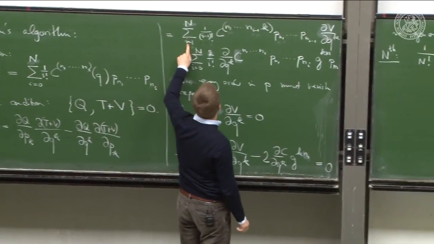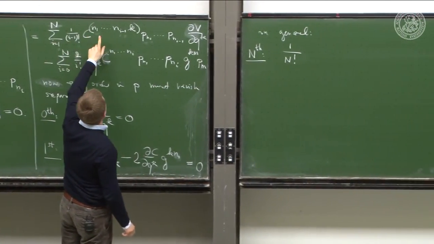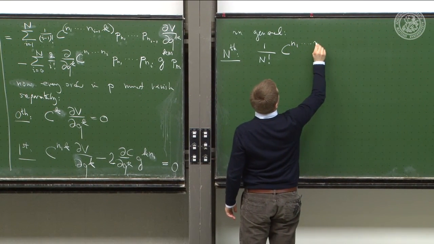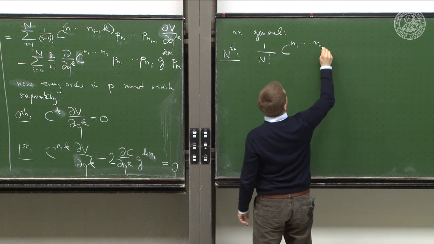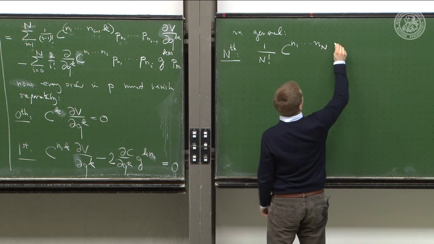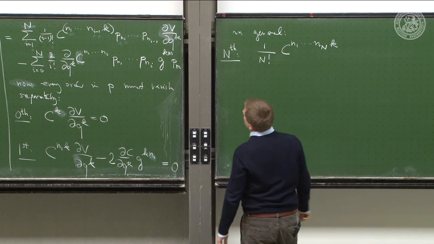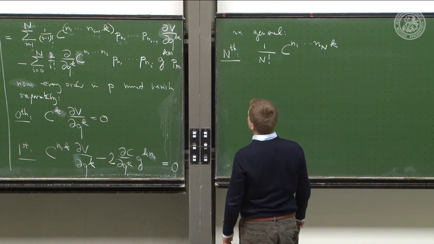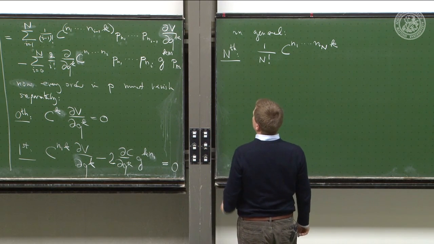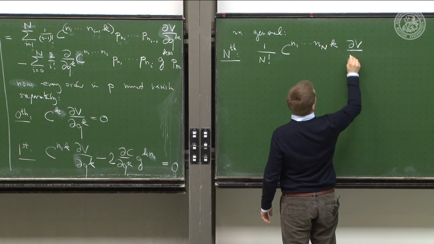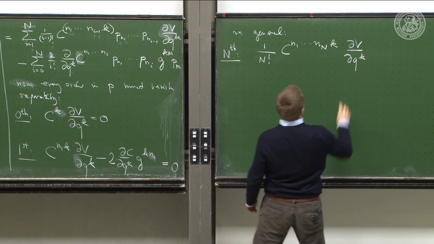Then I have C_{n1 up to n}, because I is n plus 1. Then there is another k. Then come all these P's. And then I have dV by dq^k.